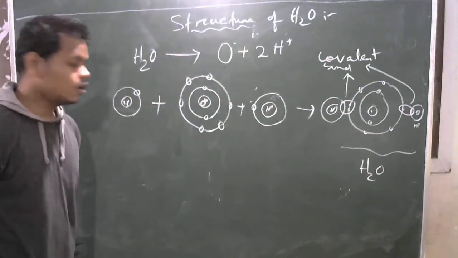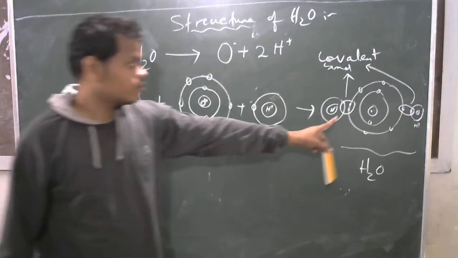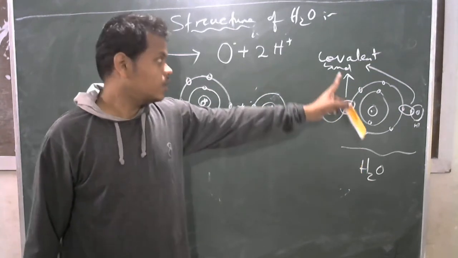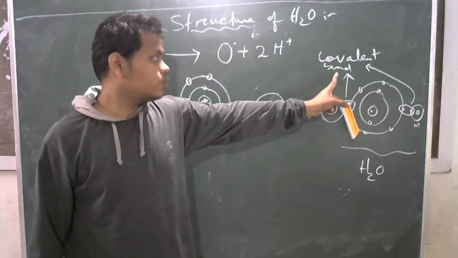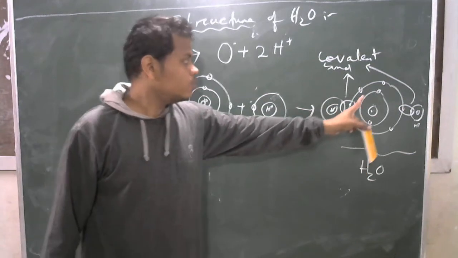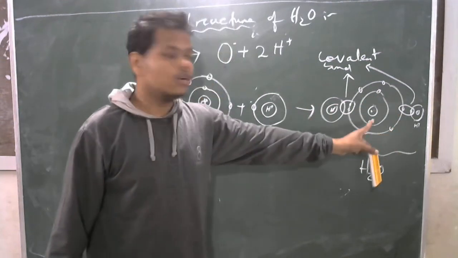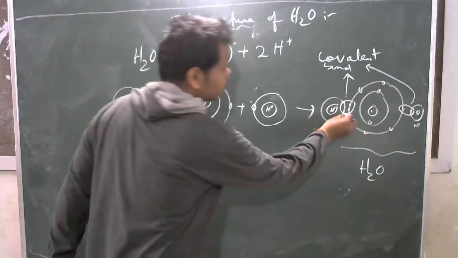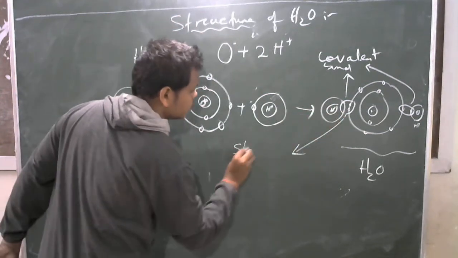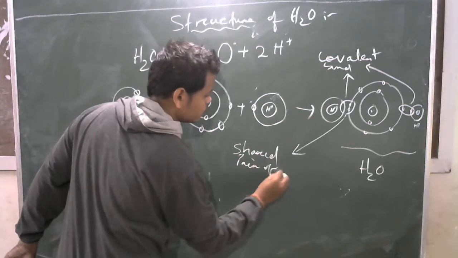Now see, there are two different types of electrons we will find. A type of electron which is already shared. How is a covalent bond formed? A covalent bond is formed by the sharing of electrons by two atoms. So here we will find electrons which are shared and another type of electron which are not shared. The electrons which are shared are called the shared pair of electrons.